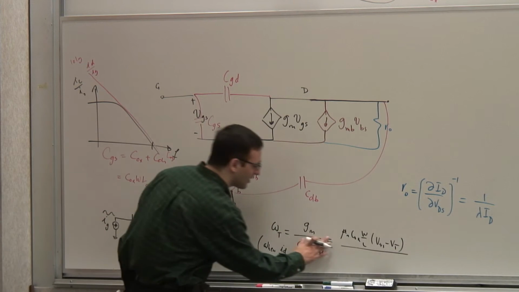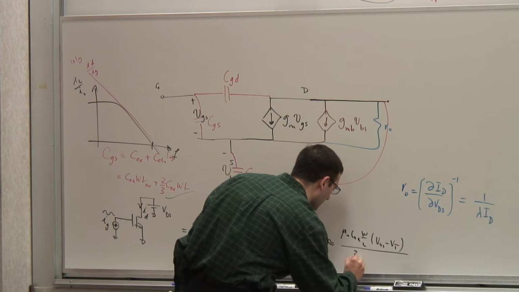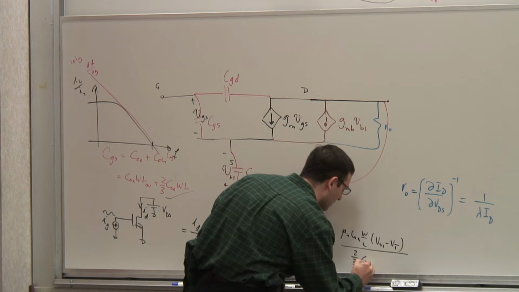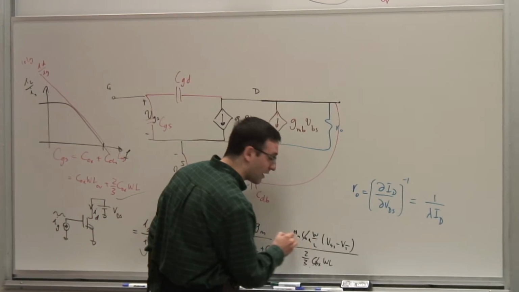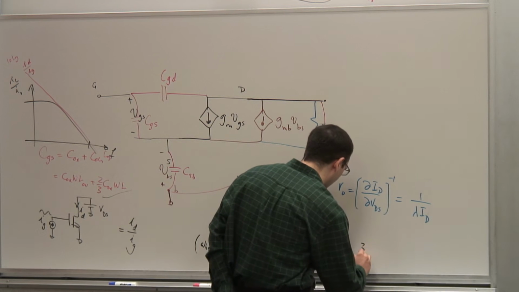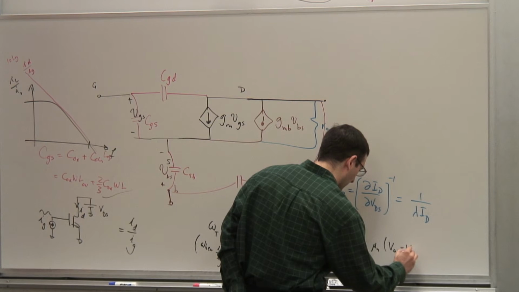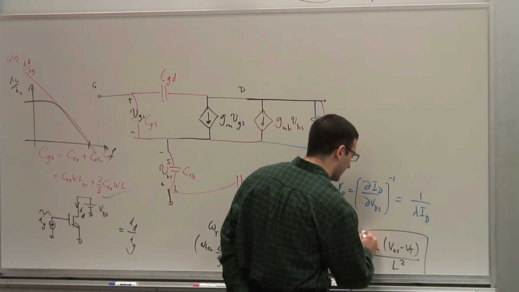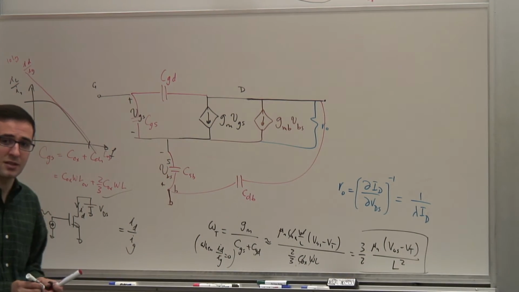So if you just keep the dominant term, let's see what it looks like. 2/3 Cox W times L. Okay? So Cox cancels Cox, W cancels W. You're left with 3/2 mu n VGS minus VT divided by L squared.